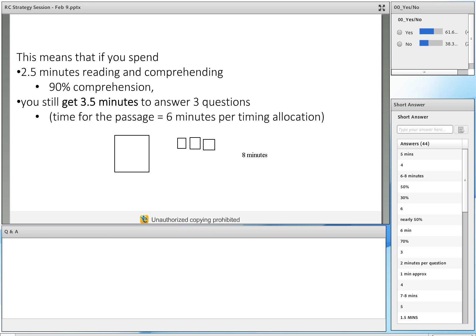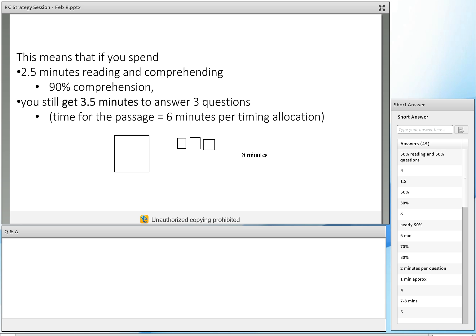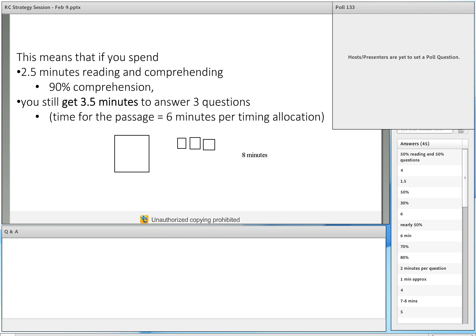So more than 50%. It's just two choices here. More than 60% of time on questions or less than 60% of time on questions.